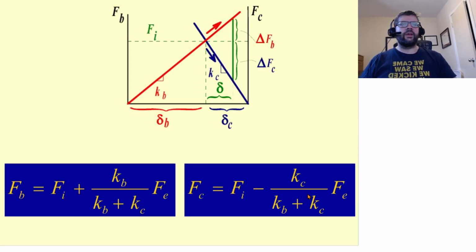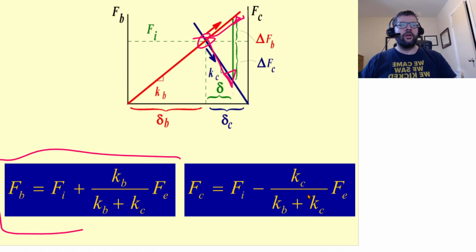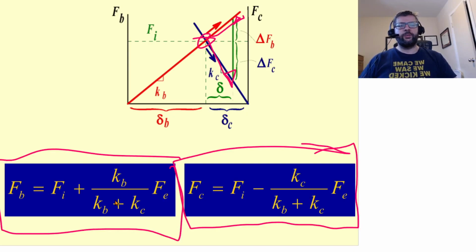So as we add additional load, we cause more stretching in the bolt, we cause less compression in the joint, and we can find the new forces in the joint and the forces in the bolt as a function of the initial load, the load that's applied, and the ratios between those stiffness values.